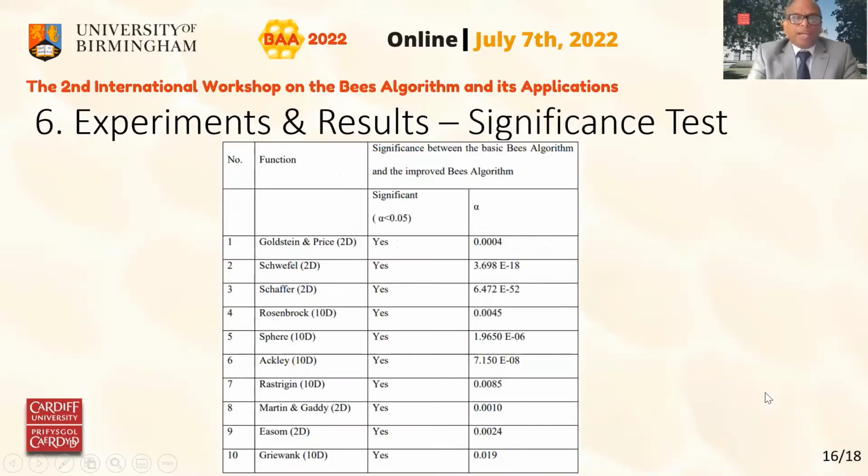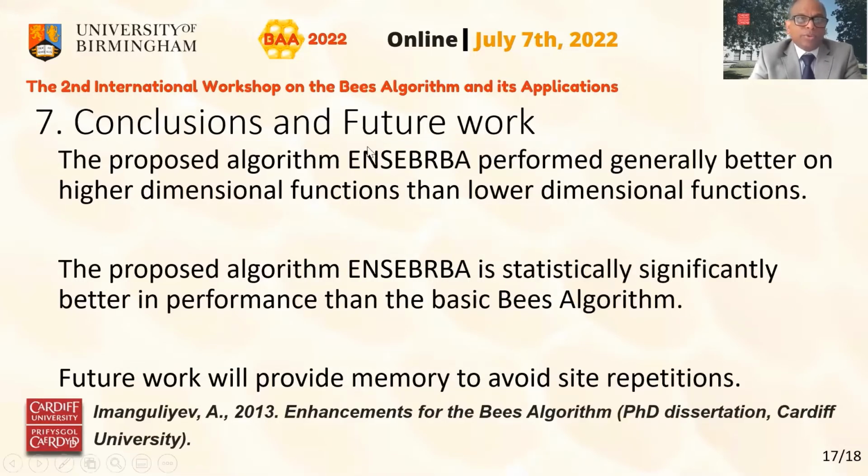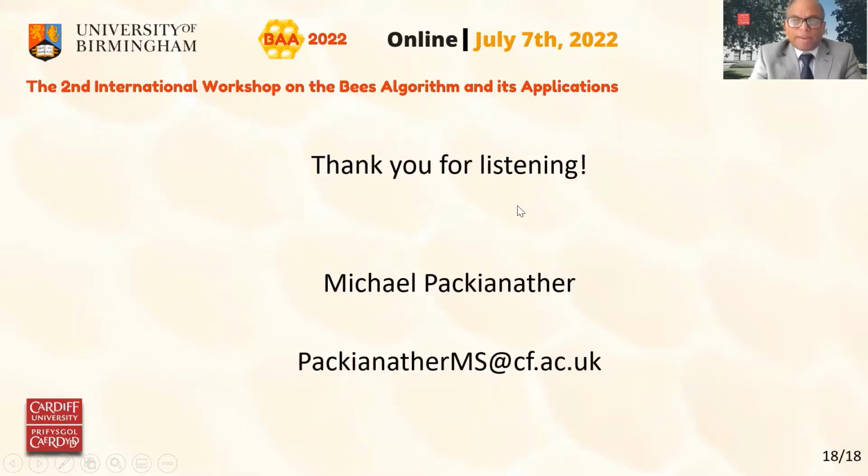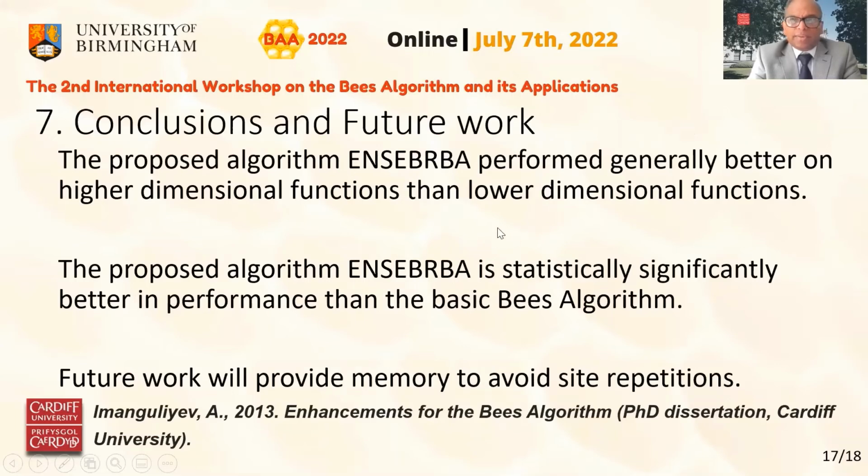So overall, were the results significant? We did a t-test, and we found that the improvements made were all significant for the improved algorithm. And there is still more work to do. So in conclusion, the proposed algorithm performed, in general, better on higher dimensional functions than lower dimensional functions.